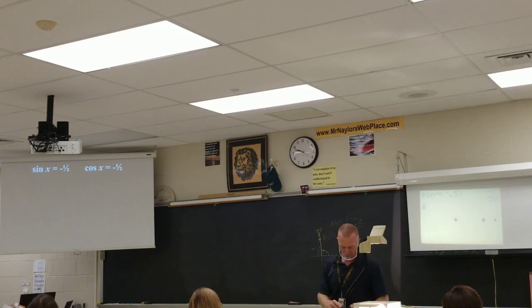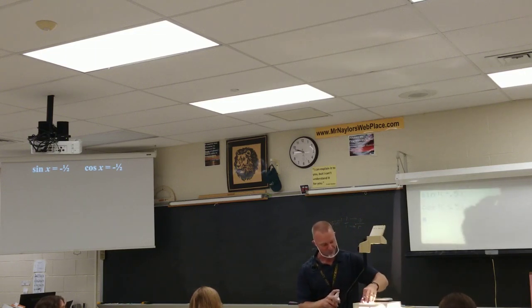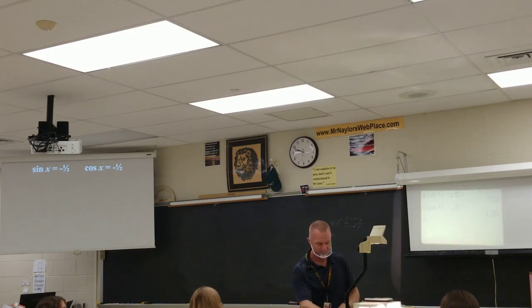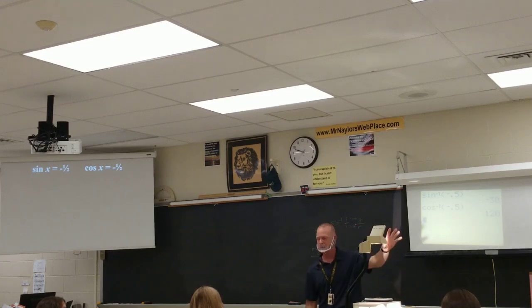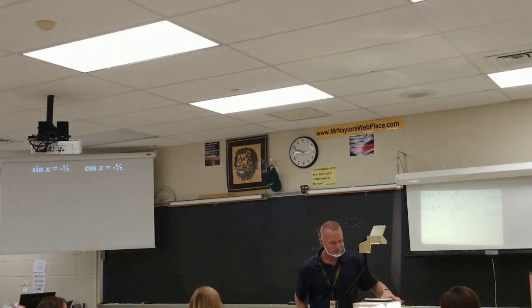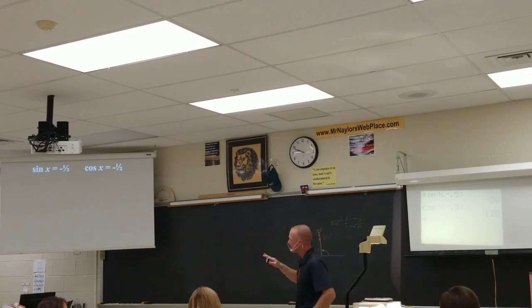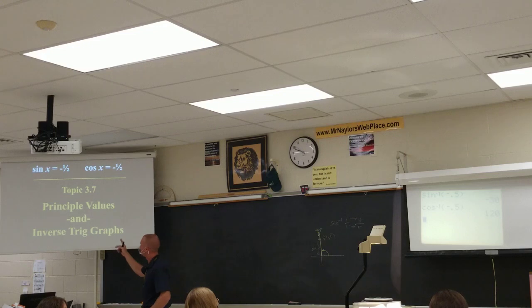How about this other one? If I was going to try to do cosine equaling -1/2, of course, I could do the inverse, and I get that answer. Again, my whole point here is to ask, why is it that one? Is it the first answer? Is it the positive answer? It looks like it's an answer way out at 120. Really, the reason that your calculator gives you these values has to do with the idea of principal values and inverse trig graphs.